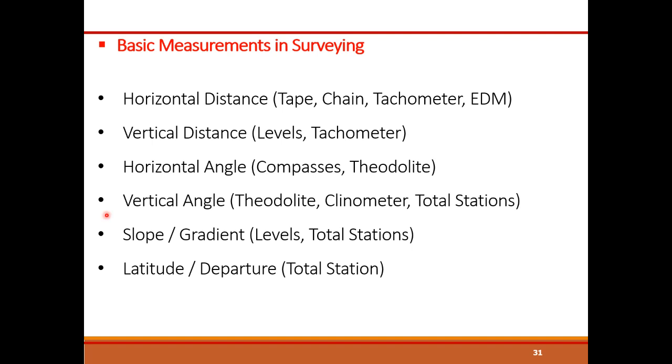Vertical angles will be calculated using theodolite, clinometer, and the total stations. Slope or gradient will be found out using levels and total stations, and latitudes and departures will be calculated by total stations.